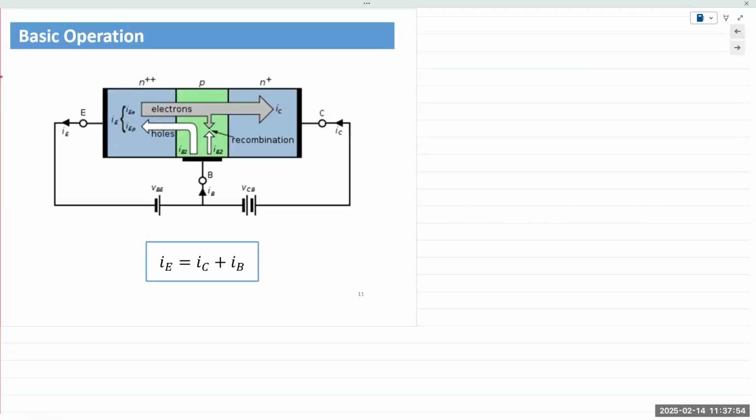First thing about this is that it is not to scale. We have the collector to the right, the emitter to the left, and the base in the middle. This is an NPN transistor. One thing I'd like to point out, here it says N++. It's subjective, okay? N++ or N+ simply means a larger concentration than a quantity that does not have a plus sign.